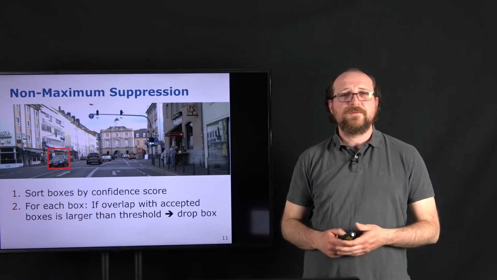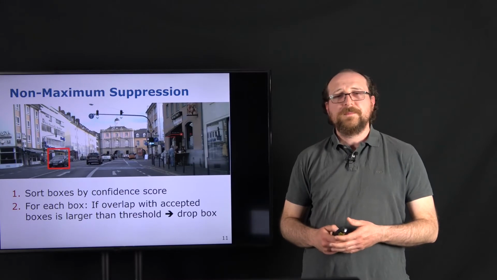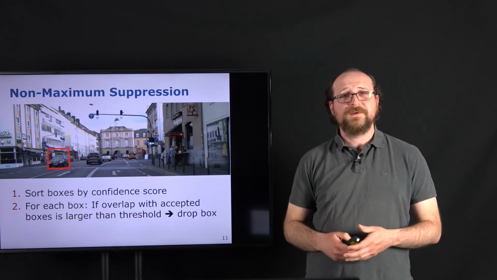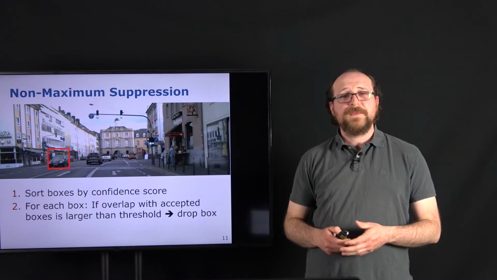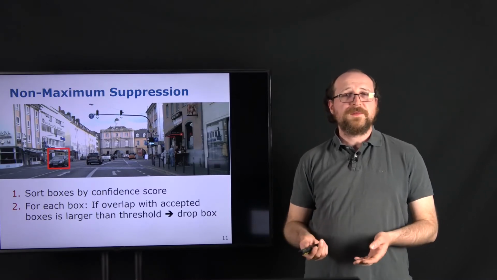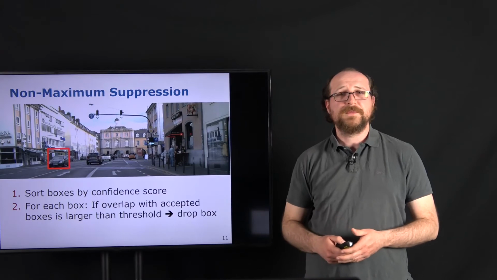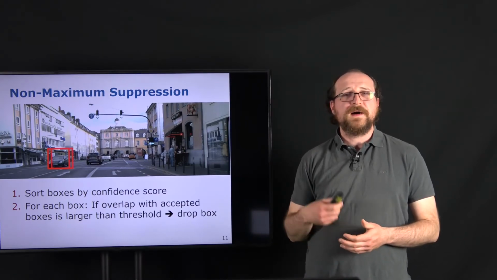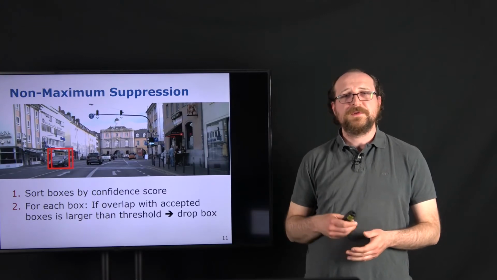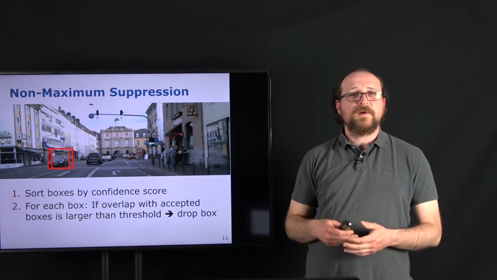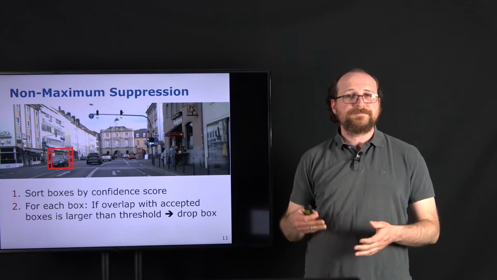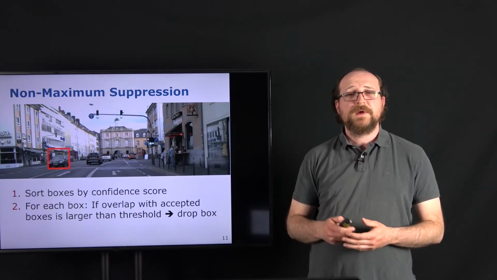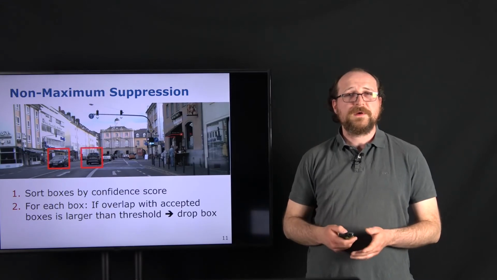So we have maybe the first region like this, which is directly on the car and is hopefully also a high confidence detection. And because this is not overlapping with something, we are just keeping this bounding box. Then we are moving on. The next highest confidence detection is of course overlapping with the other detection, and therefore we are just dropping it. And when we go on, we are coming maybe to this.